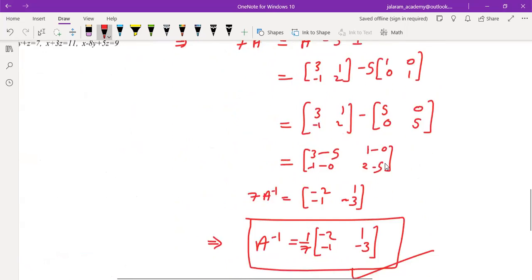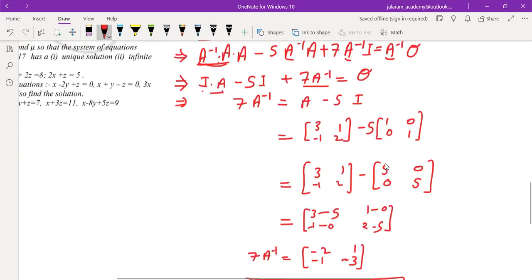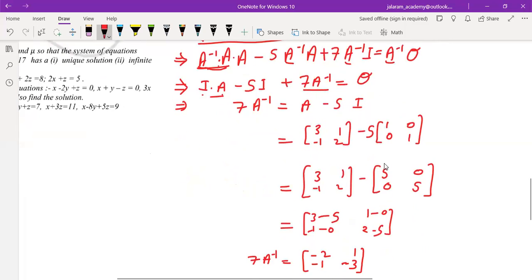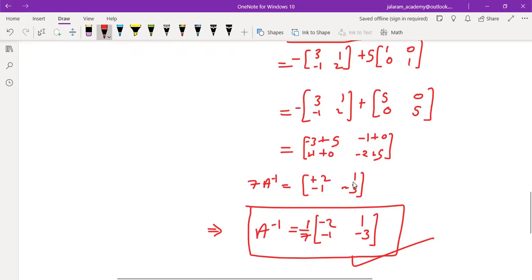Is it not giving the same answer? Why? This is because when we have changed the side, we have not changed the sign. This A becomes minus A, minus 5I becomes plus 5, and all the signs will be changed.